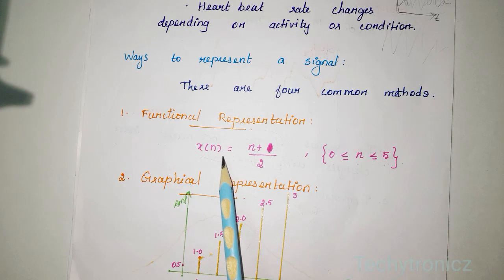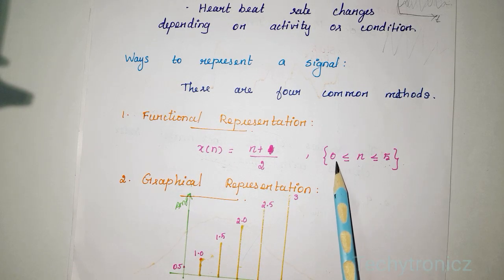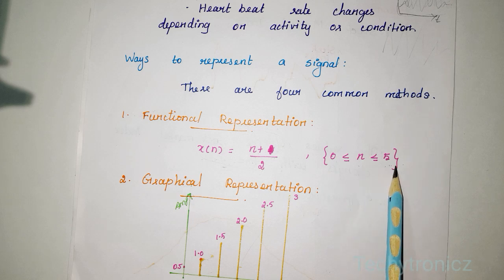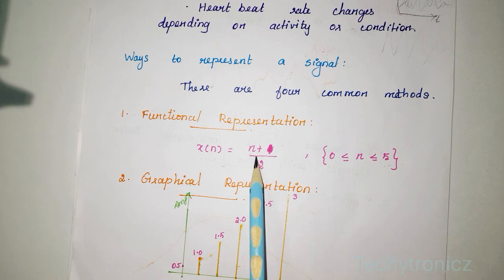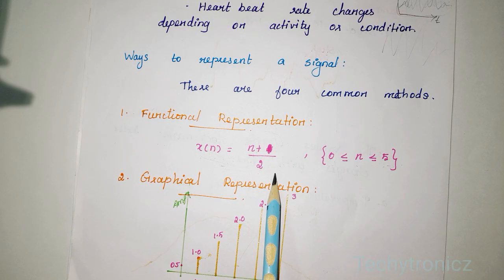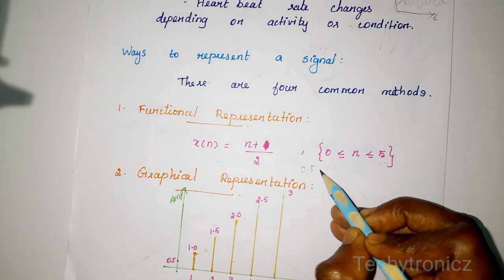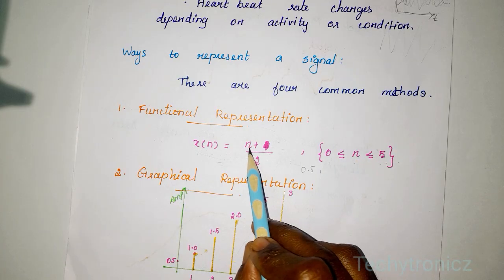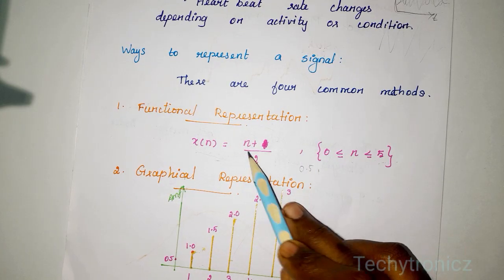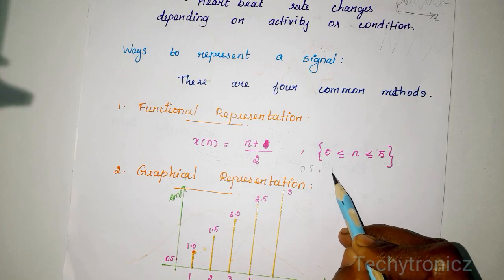So here x of n is the signal, equal to (n plus 1) divided by 2, where n varies from 0 to 5. Substituting n equal to 0: 0 plus 1 divided by 2 is 1 by 2, so the value is 0.5. For n equal to 1: 1 plus 1 divided by 2 is 2 by 2, which is 1.